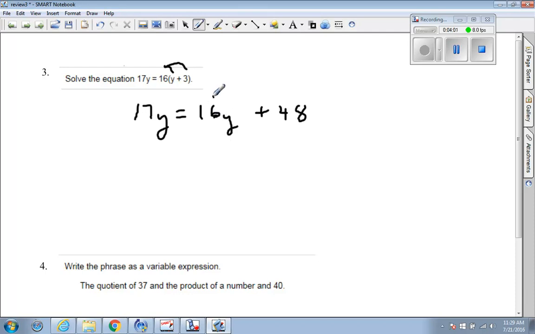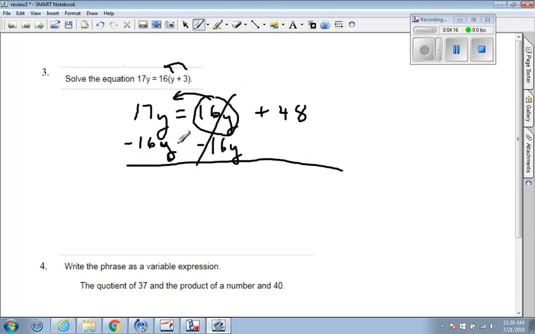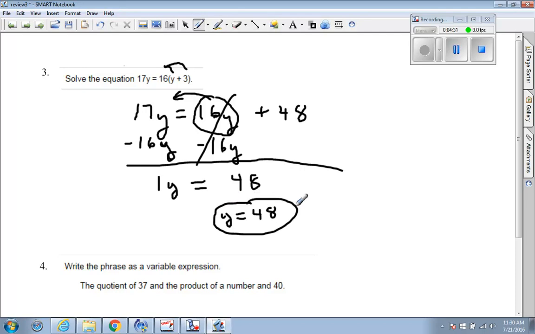So I want to grab 16y and chuck it across the equal sign, but I can't just chuck it. I have to negate it, subtract it off. So minus 16y. So like I said, I'm assuming you're getting comfortable now balancing an equation. So 17 minus 16, we got 1y equals 48. So y equals 48. 1y equals 48 means the same thing as y equals 48. So you can just say it like that. Very good.